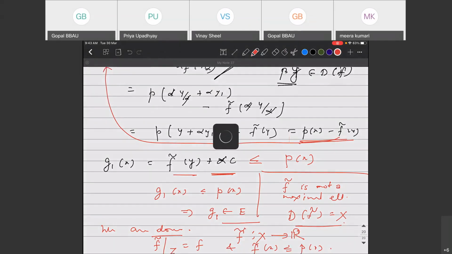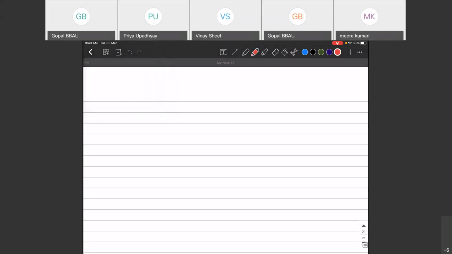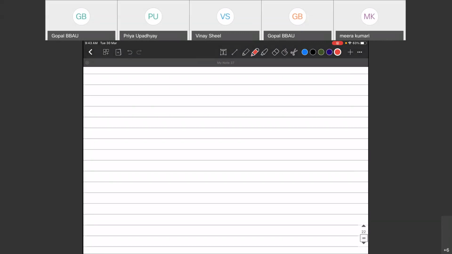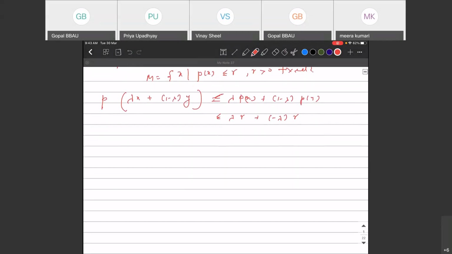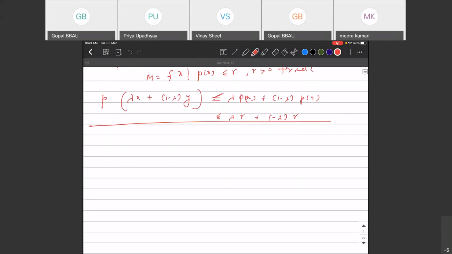When we started proving this theorem, I told you that we wanted to see the existence of a linear functional. I even gave you an example where there exists a linear functional on a subspace of dimension 1.